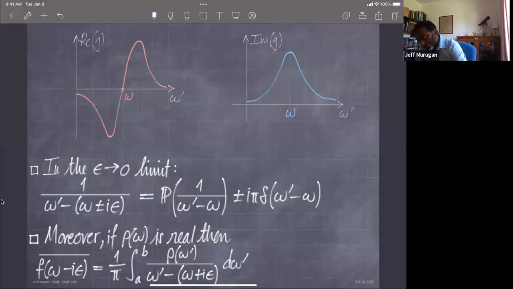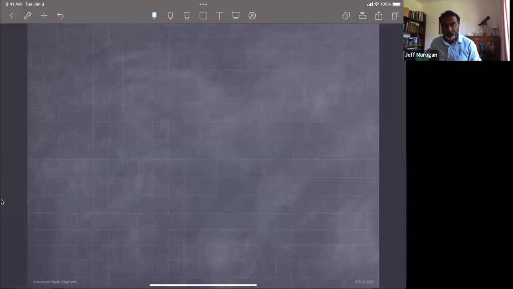In other words, the complex conjugate of f of omega minus i epsilon is nothing but f of omega plus i epsilon. Okay. There are two immediate consequences to this.